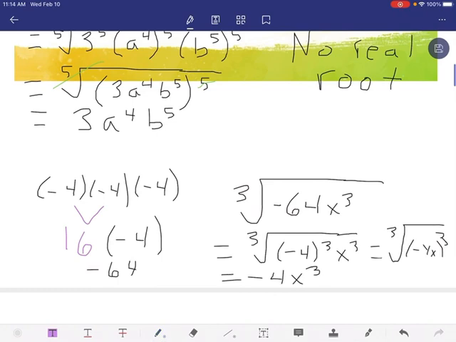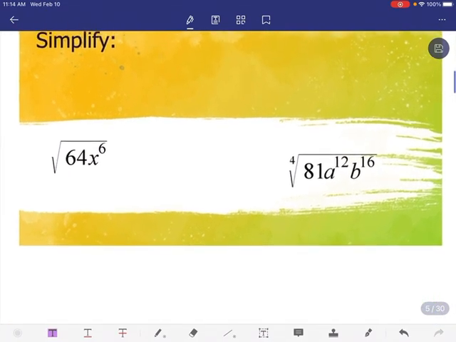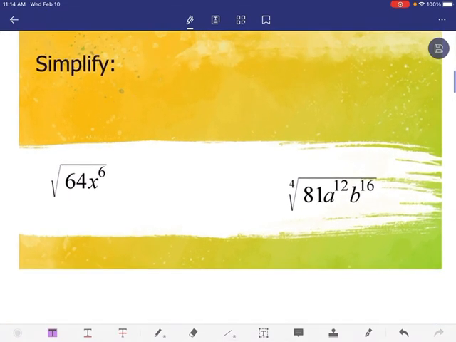Okay? So now let's look at one last type of problem that we might run into. So notice here we have 64x to the 6th. Again, we're dealing with a square root, so we want to rewrite things to exponents of 2. And so we know that 64 is 8 squared.